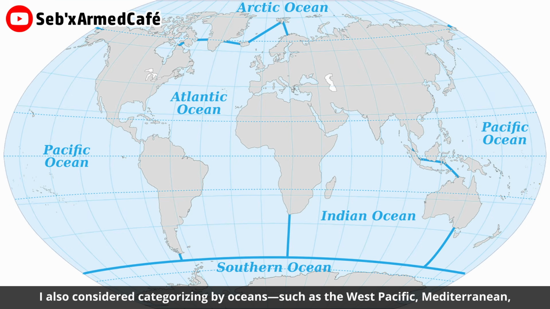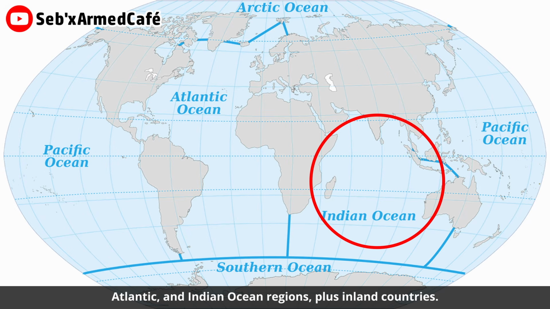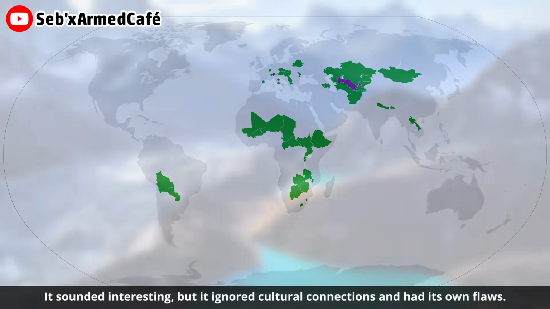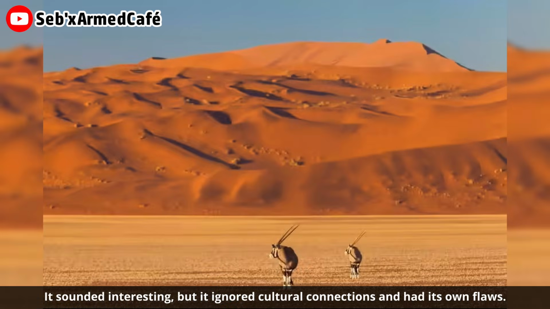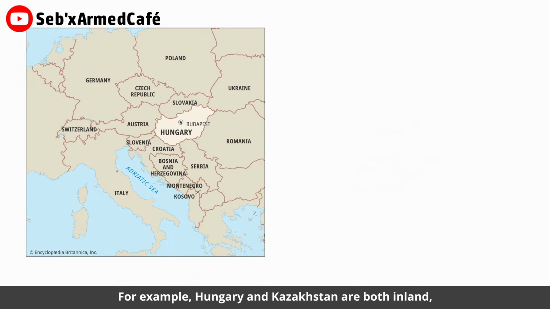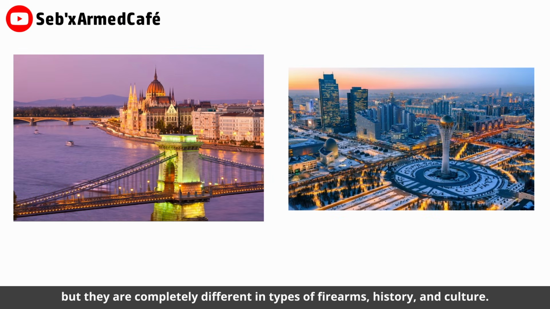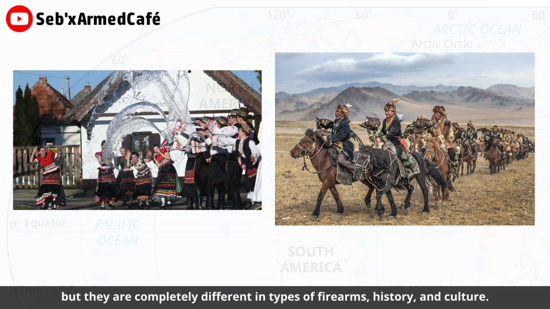I also considered categorizing by oceans, such as the West Pacific, Mediterranean, Atlantic, and Indian Ocean regions, plus inland countries. It sounded interesting, but it ignored the central connections and had its own flaws. For example, Hungary and Kazakhstan are both inland, but they are completely different in types of firearms, history, and culture.